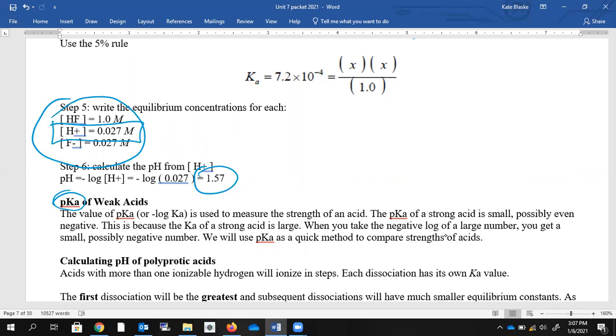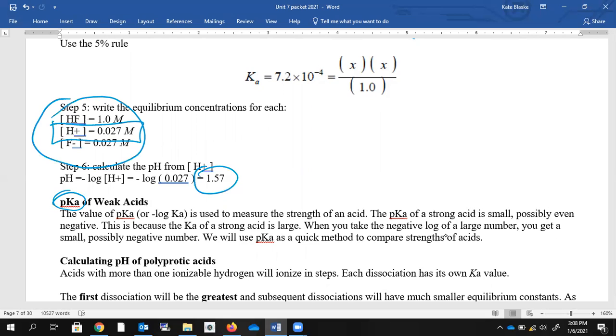The pKa, or the negative log of the Ka, is oftentimes used as just a shorthand version to determine the strength. So the pKa of a very strong acid is going to be very small, possibly even a negative number. That means our Ka of a strong acid is very large. So let's say it's 1 times 10 to the 20th. If I take the negative log of that, we're actually going to get out a very small or negative number.